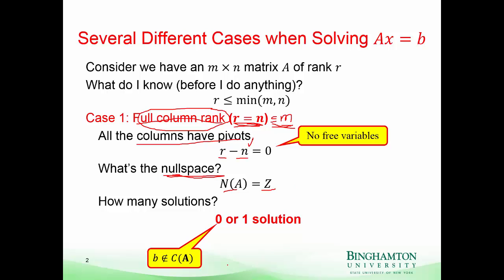So we might not actually span all of Rm. Therefore, B could potentially not be in the column space, in which case we'd have 0 solutions. I'm not saying that 0 is the solution. I'm saying the number of solutions would be 0. But if B is in the column space of A, then we have just one unique solution.